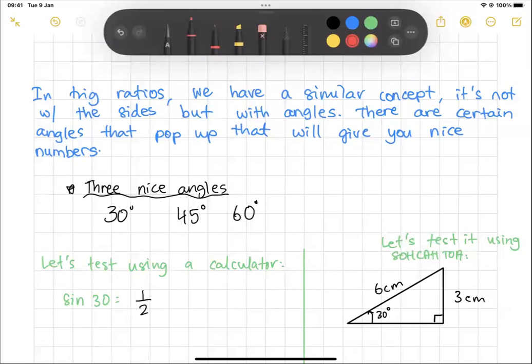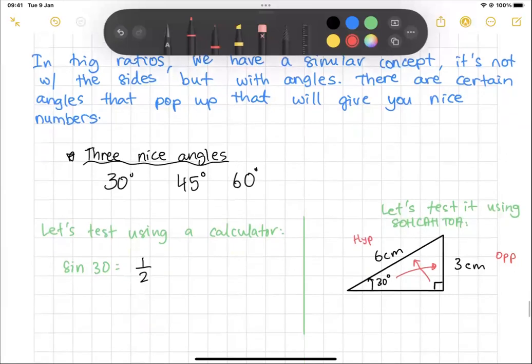So let's use SOHCAHTOA, right? The opposite of my angle is called my opposite side. The opposite of my right angle is my hypotenuse, and my last side should be my adjacent. Now let's say I want to find sine 30.